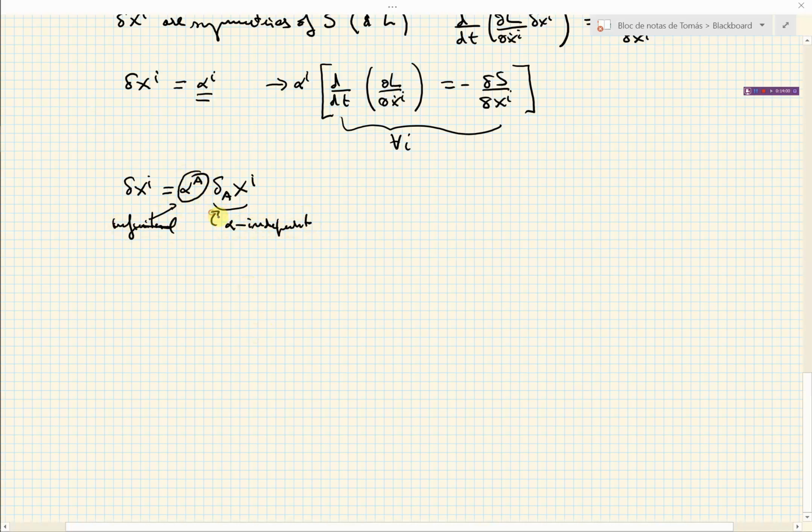For instance, in this case here, you have some independent factors. You can always rewrite this in this way, and you could say that you have some variations delta j xi, and this would be your parameter a.